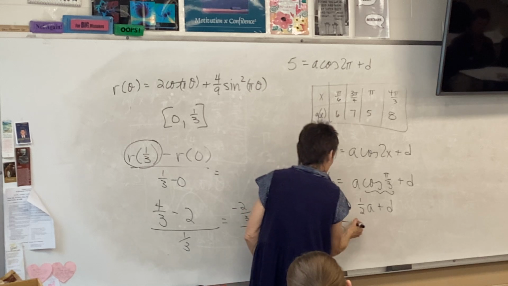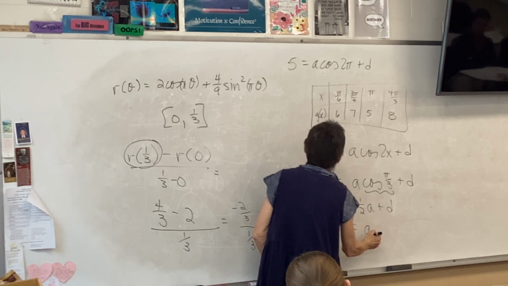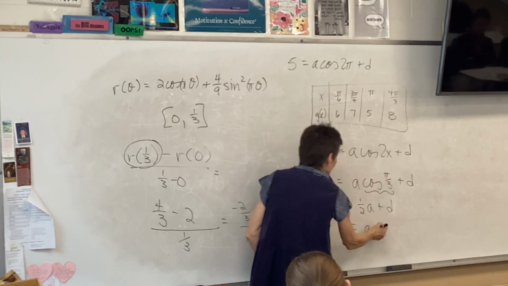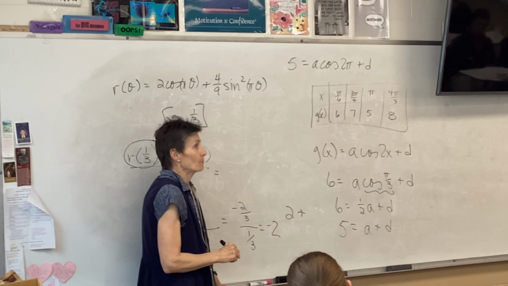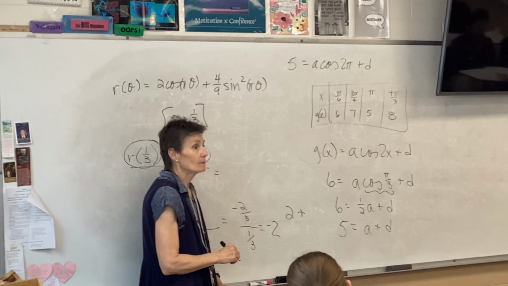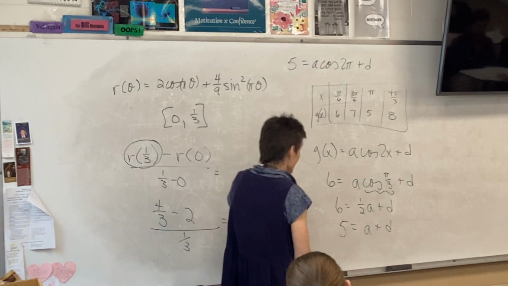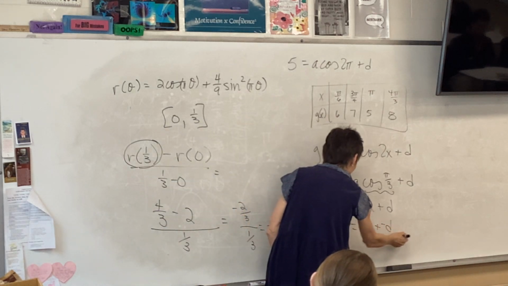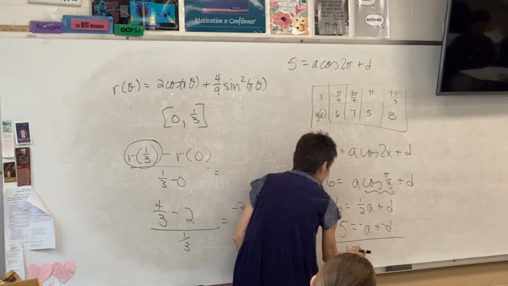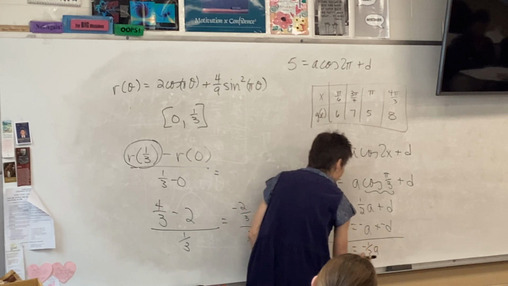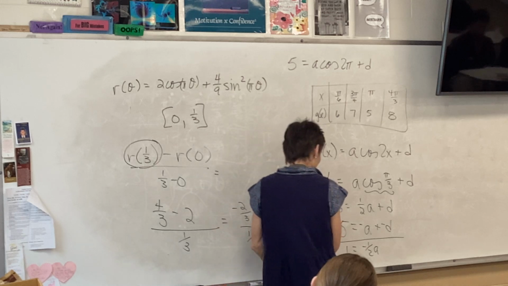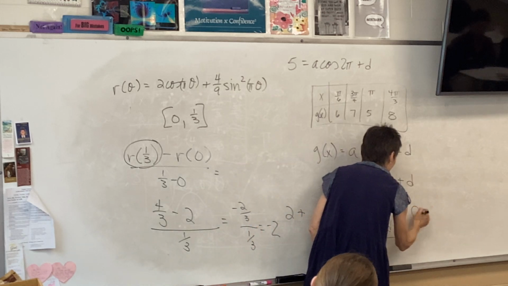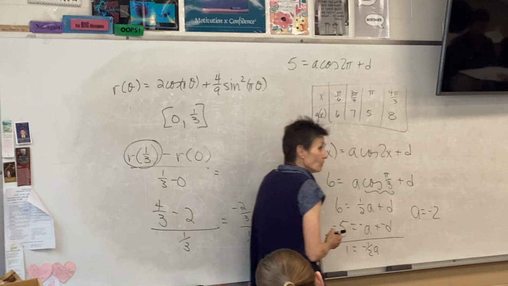So 5 equals a times 1 plus d. What do we have? A system of equations. So I'll just subtract this one. So 1 equals negative 1/2 a. I get negative 2 again, didn't I just get negative 2? Oh wait, that's just a. So a is negative 2.